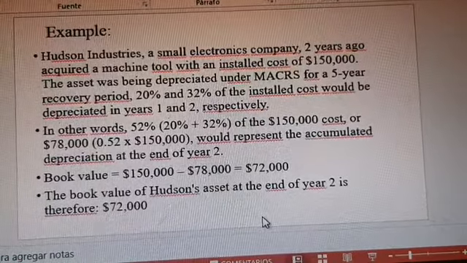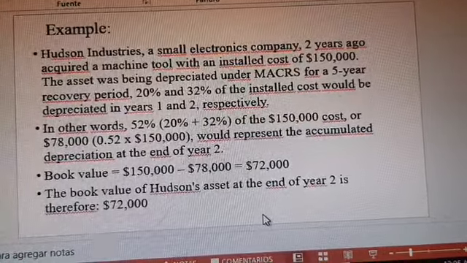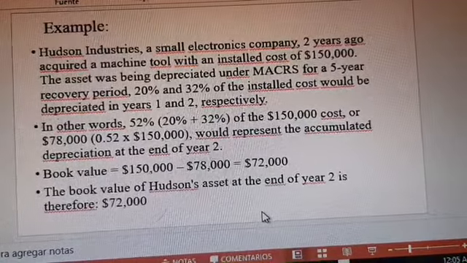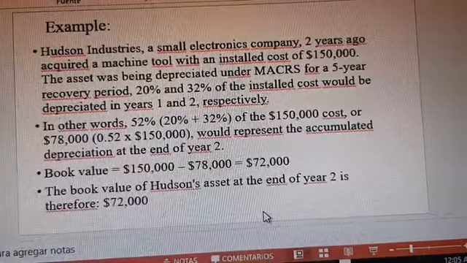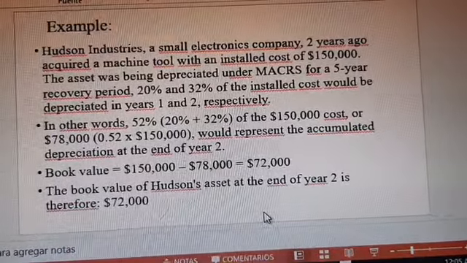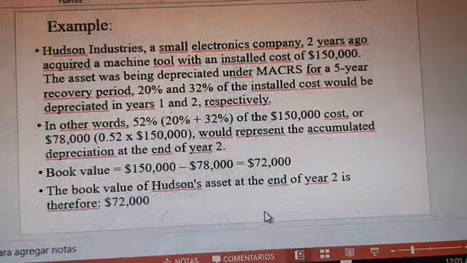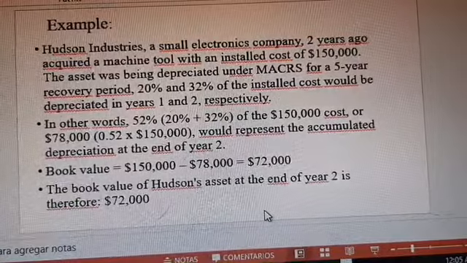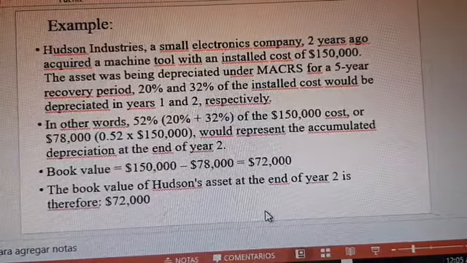In other words, 20% plus 32% gives us 52% of the 150,000 cost, which is 78,000.